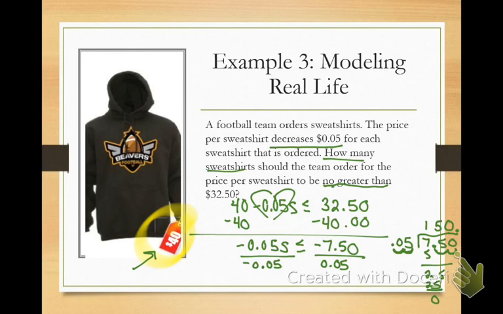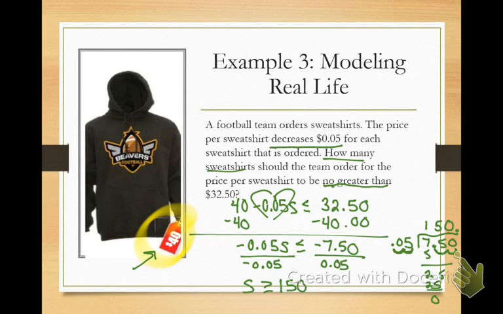Okay, look here, guys. I had a negative connected to my variable by multiplication. So what needs to happen to my inequality? I have to flip it. So now S, the number of sweatshirts. You see how it all of a sudden makes sense?